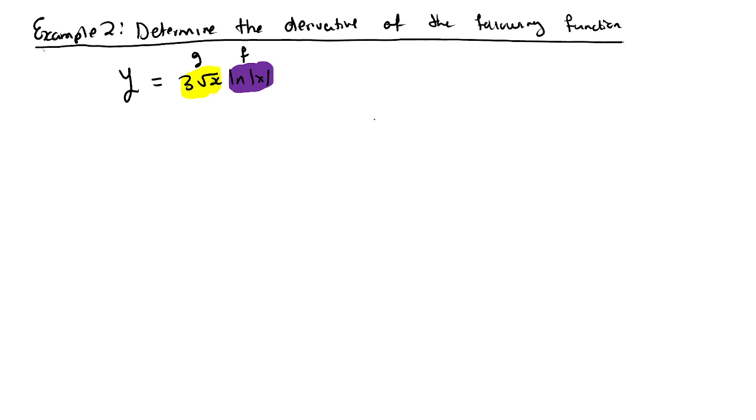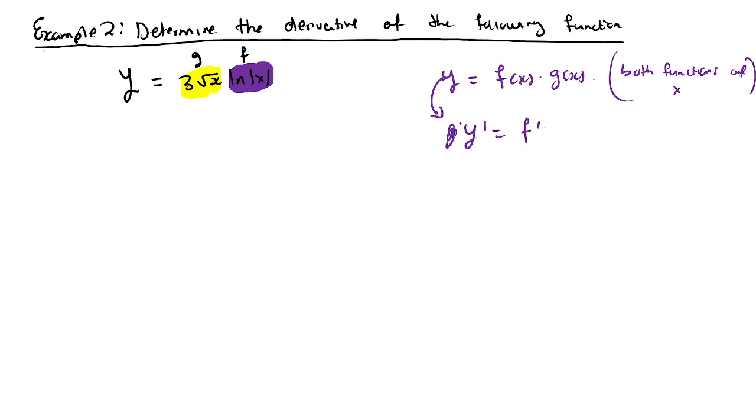So what does the product rule say? The product rule says that if you have your function y equals f of x, which is being multiplied by g of x, suppose f and g are both functions of x, and you are required to determine the derivative of this function, y prime is going to be f prime of x.